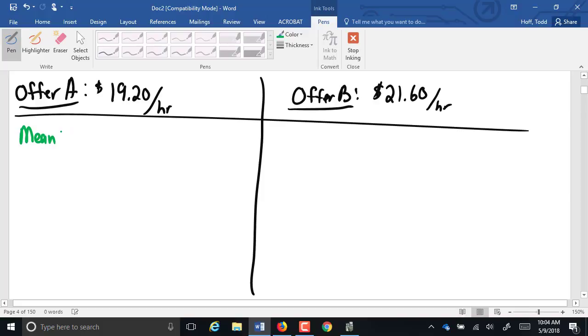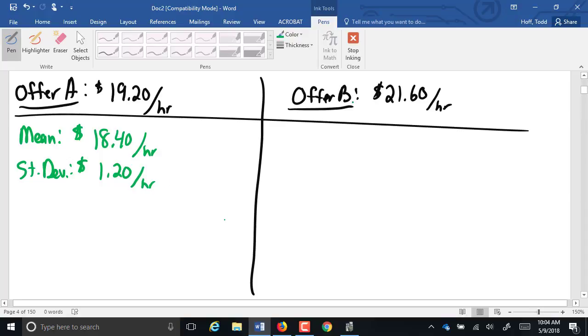So in the area that offer A is from, let's say the mean wage is $18.40 per hour, with a standard deviation of $1.20 per hour.